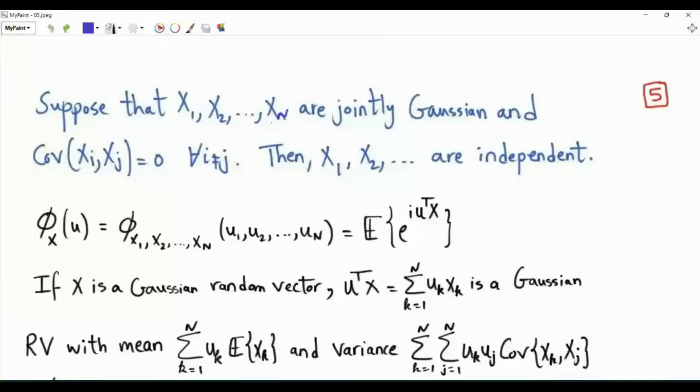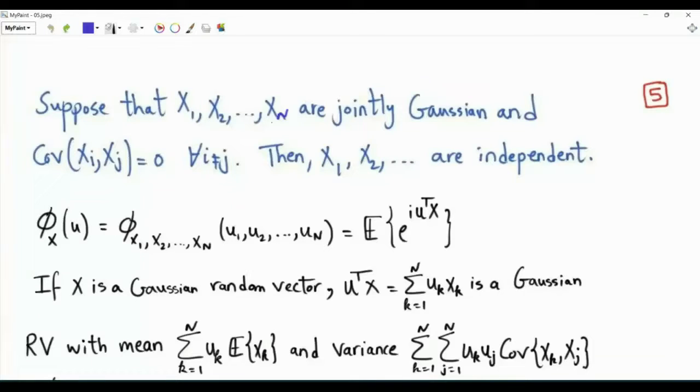So we know that for general random variables, independence implies uncorrelatedness. So if two random variables are independent, it must be the case that they are uncorrelated. So if you compute the covariance, it is exactly 0. Independence implies uncorrelatedness, 0 covariance.